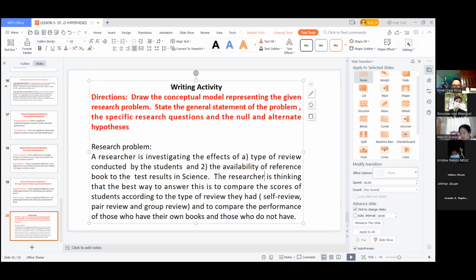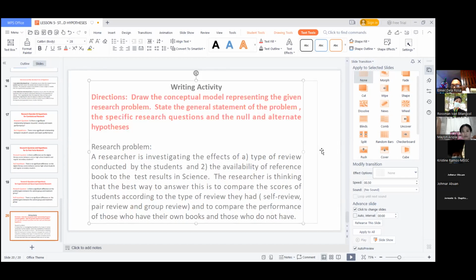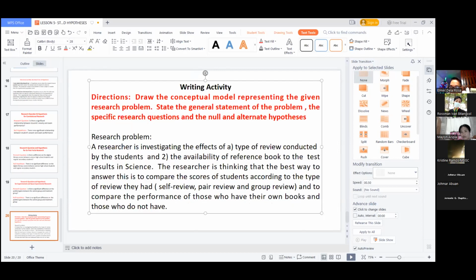Sir John Ray, may clue ka kung anong quantitative design ito? Sir John Ray? Ex-post facto po, sir.